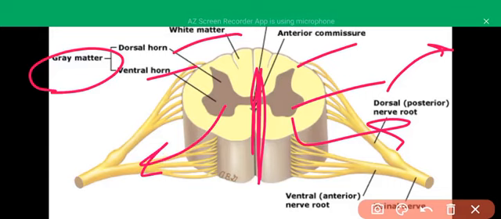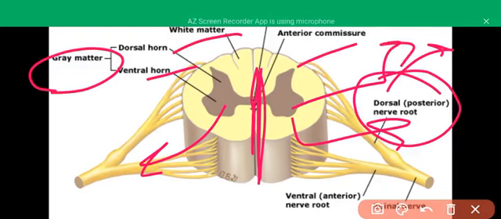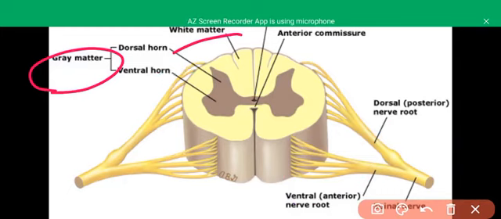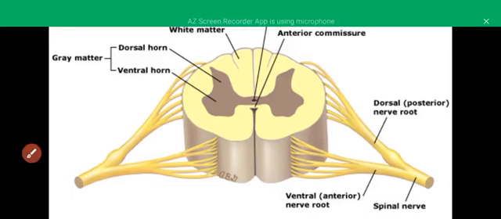It has the posterior or dorsal nerve roots, which are involved in sensory sensations, and there is the ventral or anterior nerve root, which is involved in motor sensations. So we form our autonomic nervous system and sympathetic nervous system from these neurons originating from the spinal cord, and it forms the peripheral nervous system also.